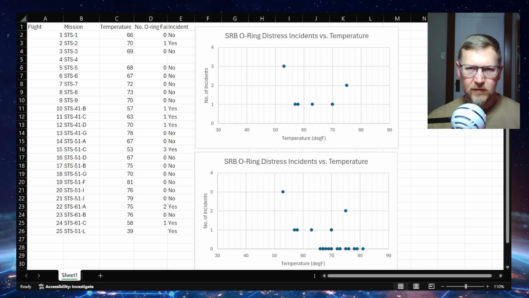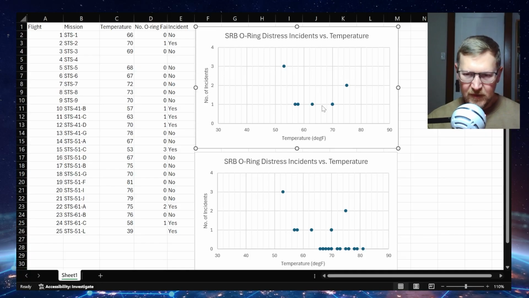It may be just damage, and whether or not there was an incident. So the first diagram that we created represents what was presented at the time, without exploring all of the flights, only the flights that had incidents.